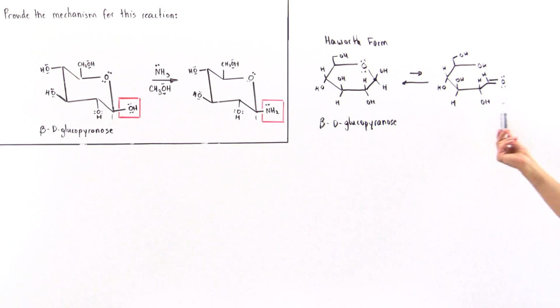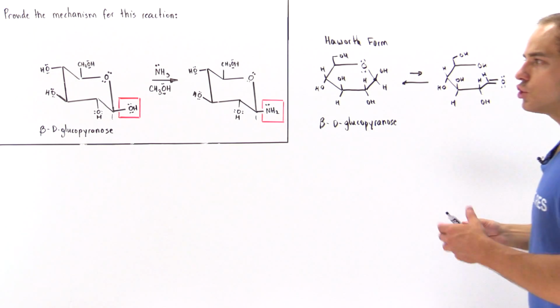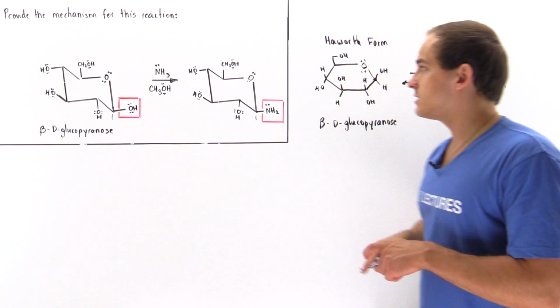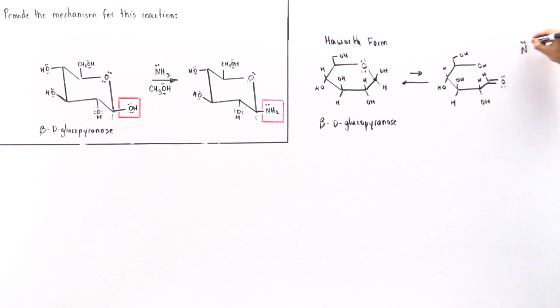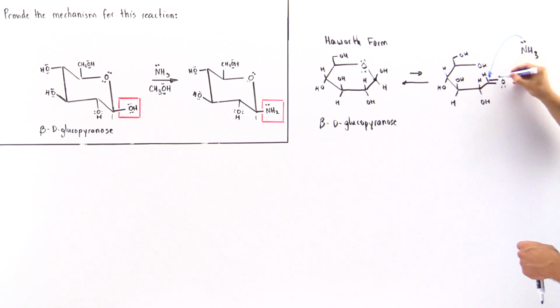Remember, the carbonyl is a pretty good Lewis acid under basic conditions, and the base in this case, the ammonia, will act as a nucleophile. It will attack this carbon of the carbonyl, displacing the pi bond, placing the 2 electrons onto our oxygen.